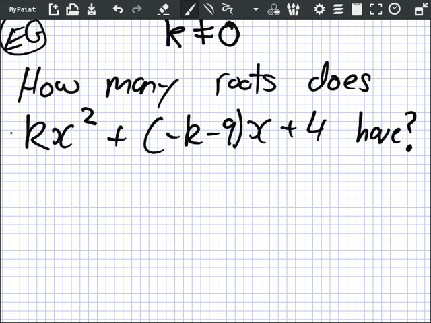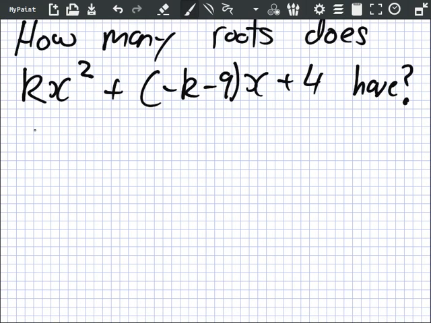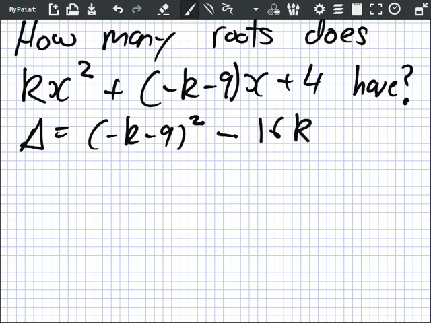Can you look up? So, discriminant equals b squared minus 4ac. b squared, correct? Minus 4 times 4 times k. What's that? 16k. Now, let's simplify.